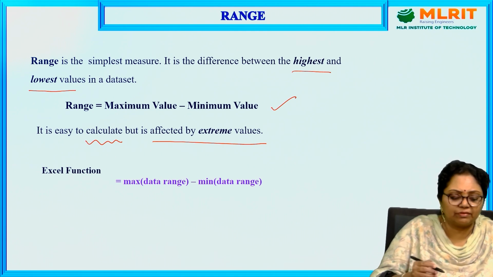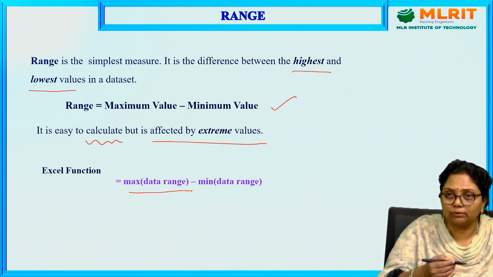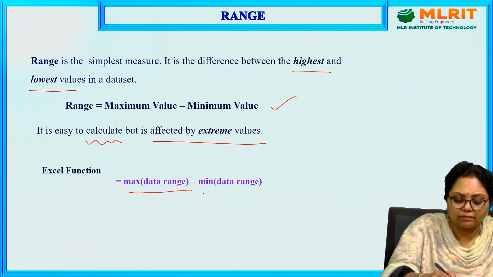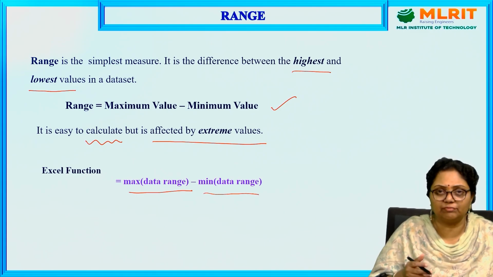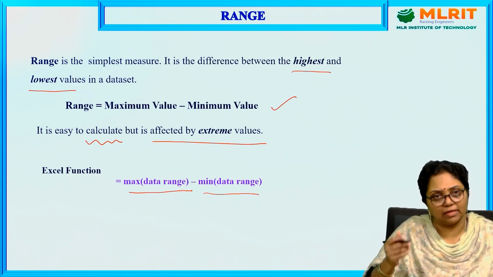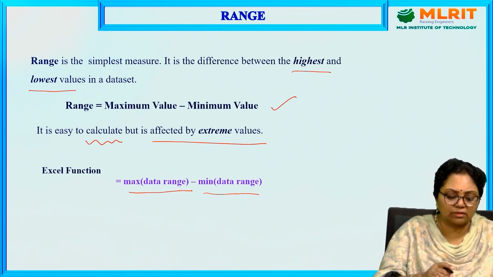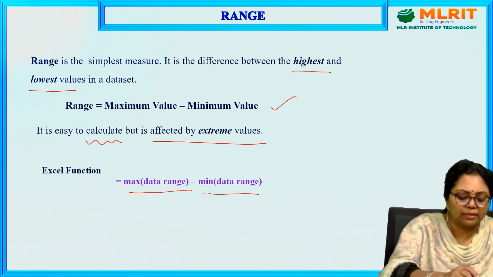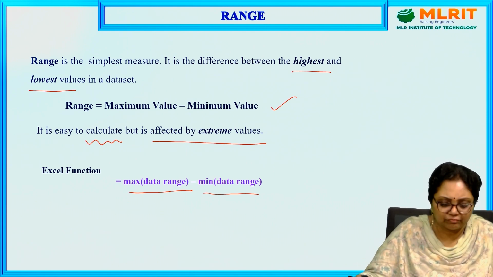So, the Excel function uses the maximum of the data range and the minimum of the data range, and we take the difference. That gives us the value of range. In the next session, when we explore Excel, we will see all these things. But as of now, just keep in mind this Excel function is the maximum of the data range minus the minimum of the data range.